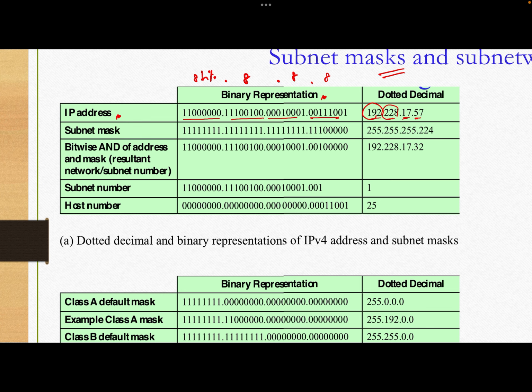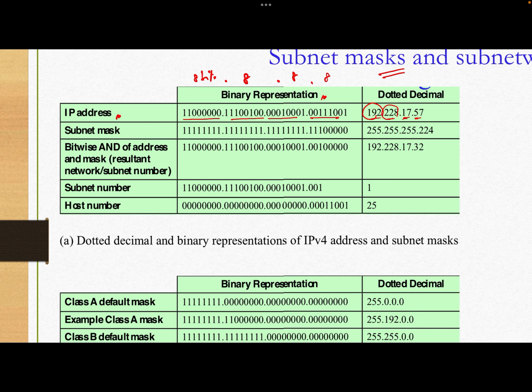Now the subnet mask. You know about the mask, right, that you put on your face, like for COVID-19. Your mask lets your forehead and your eyes come through, so people can see your eyes and forehead, but they cannot see your mouth and your nose. So a mask covers something so that it cannot go through.